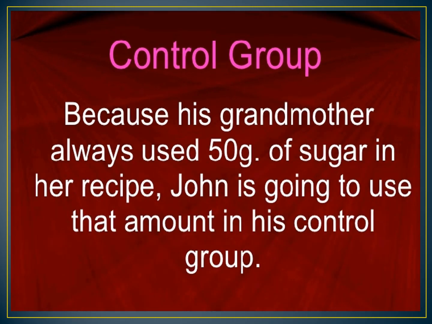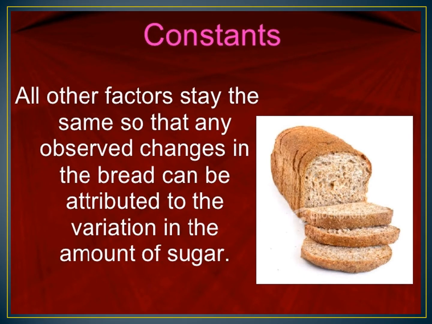Because his grandmother always used 50 grams of sugar in her recipe, John is going to use that amount in his control group. So again, what did John use in his control group? The 50-gram amount of sugar. Very good.